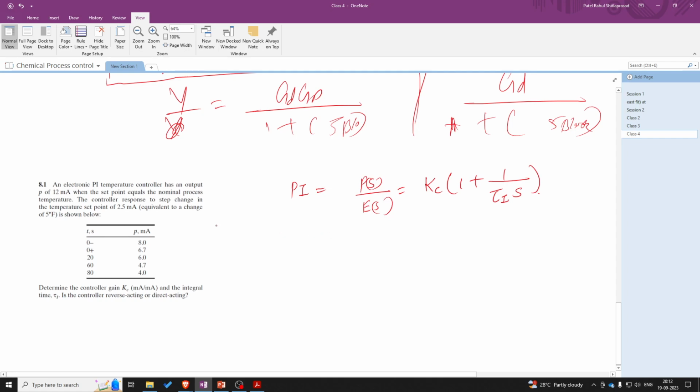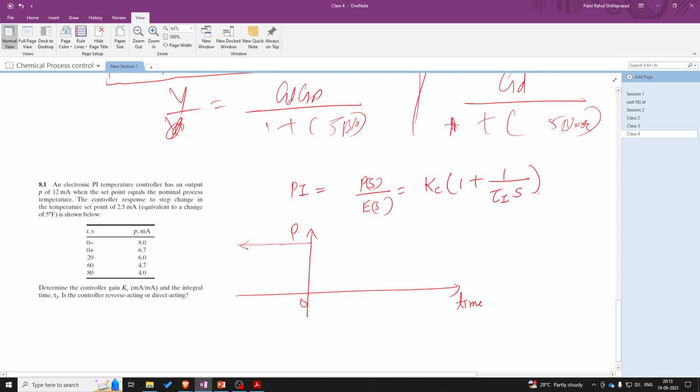We already know this. In the question, let's just plot this. Over here we will have time, and then we have the control action P. Over here we have 0. It is given 0 minus, it is 8. Let's just draw it over here.